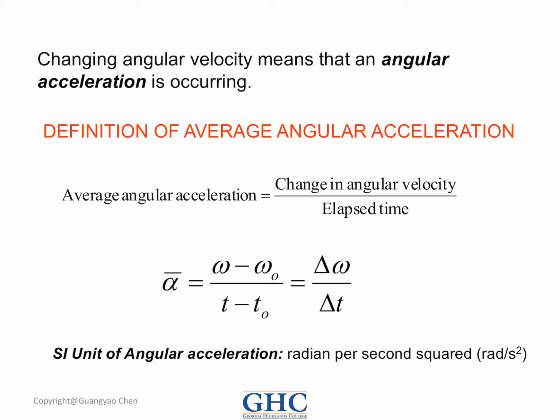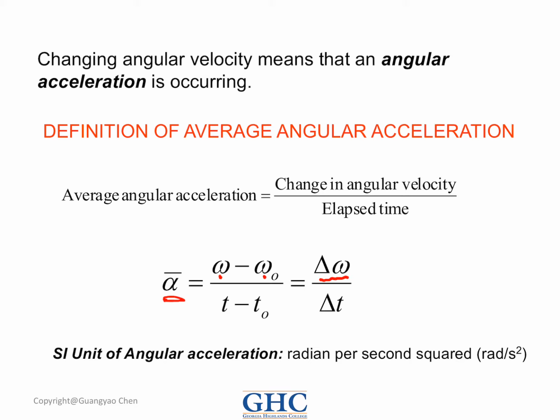After we define angular velocity, we can also define angular acceleration. Angular acceleration is the change in angular velocity over the time it takes for this change. So final angular velocity minus initial angular velocity over the time it takes gives us angular acceleration.